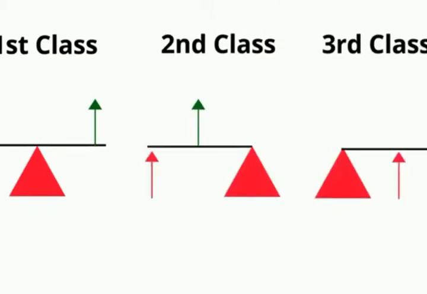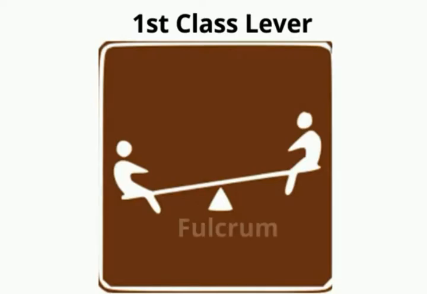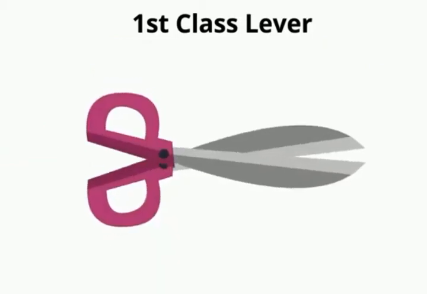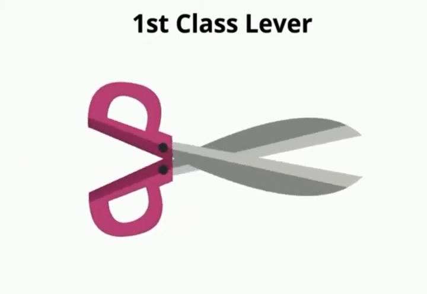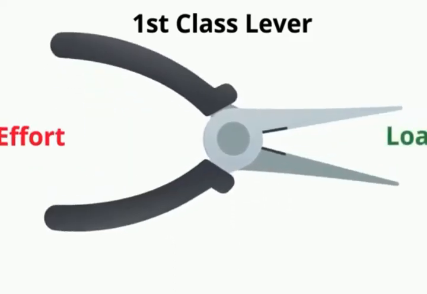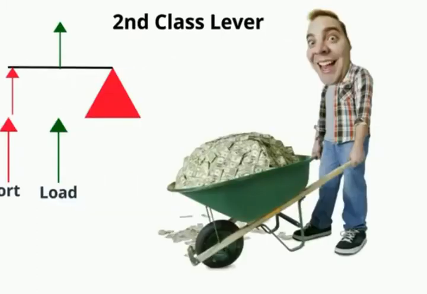With a first class lever, the fulcrum is in the middle, and the force is on one side, and the load is on the opposite side, much like this seesaw. Other examples include scissors. Here's the force, here's the fulcrum, and the load. And also pliers. Second class levers have the load between the force and the fulcrum.